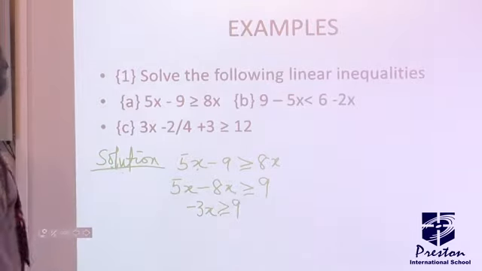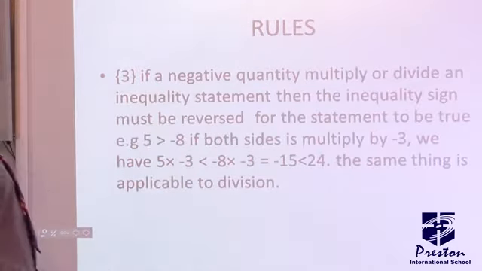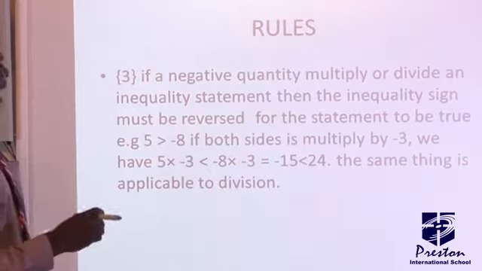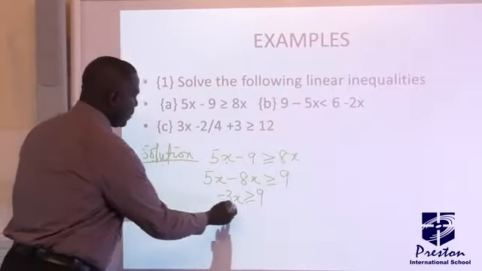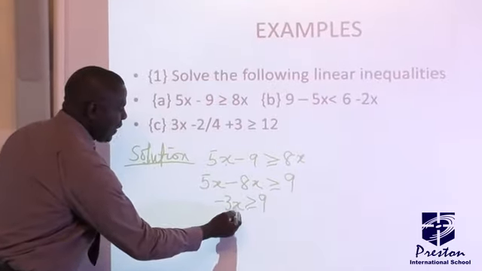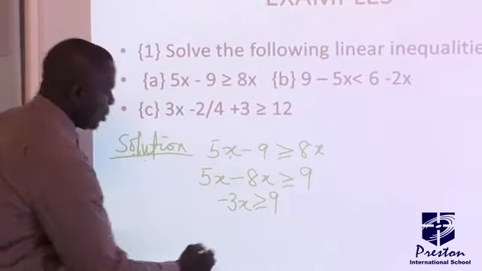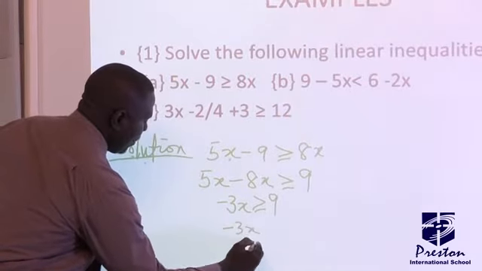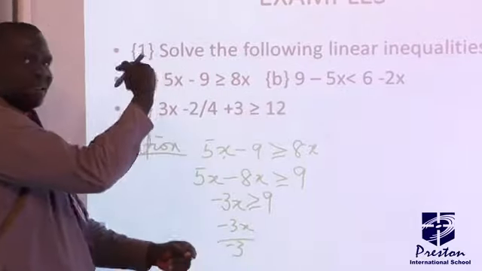Now, you see that rule 3 is what you are going to apply here. Because rule 3 is saying that when you multiply or divide with a negative number, take a look at it. This is a negative number. For you to get x, you have to divide with the coefficient of x, which is minus 3. So if I divide here by minus 3, then the inequality sign must be reversed.